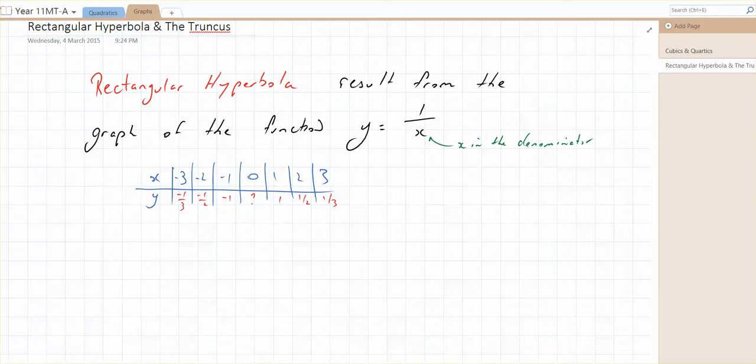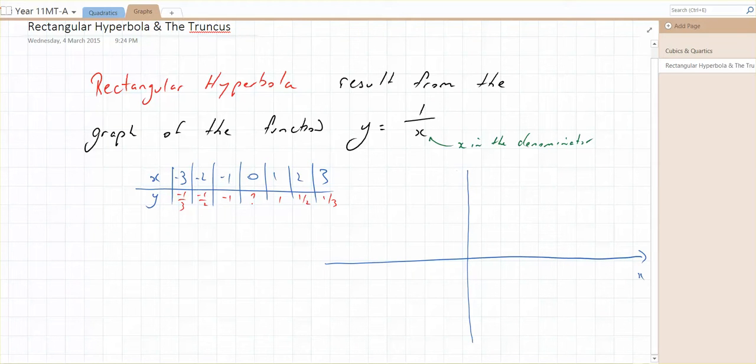Let's take a look now at this curve. That's my x-axis, that's my y-axis. If we go over to 1, 1, that's easy enough to plot.